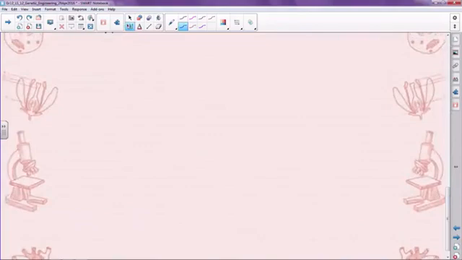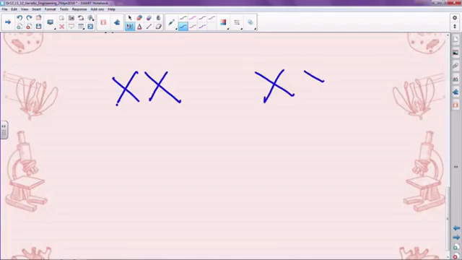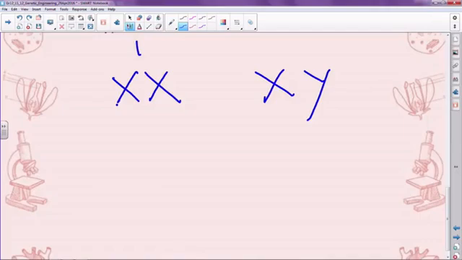Before we get to this, we all know we have these guys, and we have these guys. Now, you know and I know that the XX is, of course, your females, and the XY is your males. So we all know that.